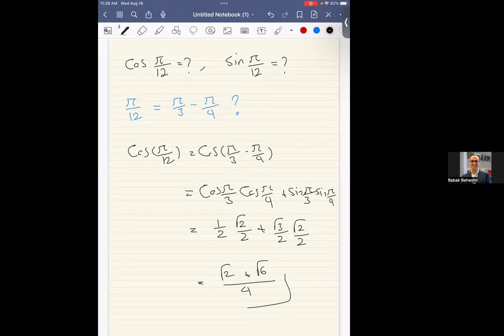Does it make sense? If in the test, that's fine. But if you want, you can convert it to decimals using your calculator.